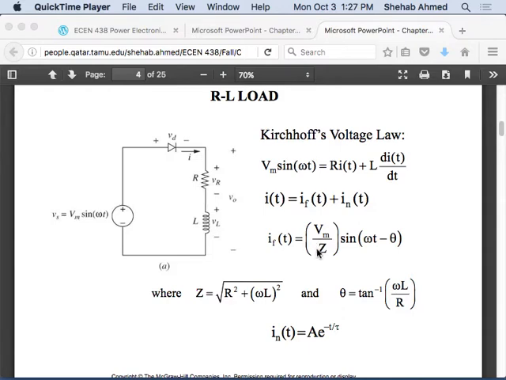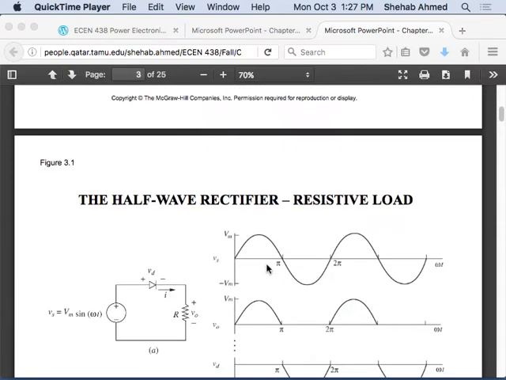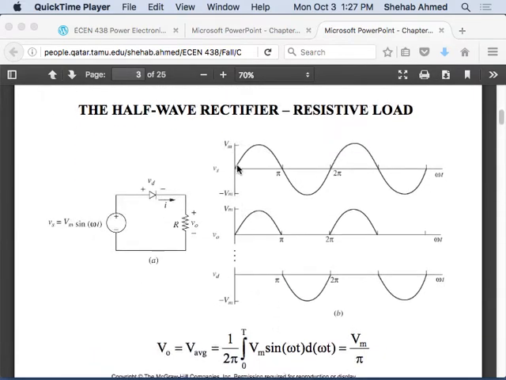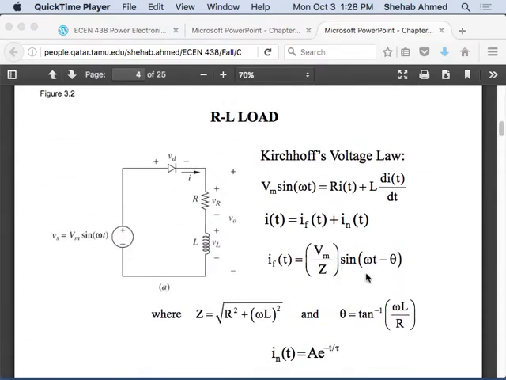The forced response is voltage divided by impedance. The voltage has a magnitude and an angle. The angle of the voltage is what? I think it's 0 in this case, right? Because it was Vmax sine omega t, so it starts at 0. And then the impedance has a magnitude, and its angle is theta.